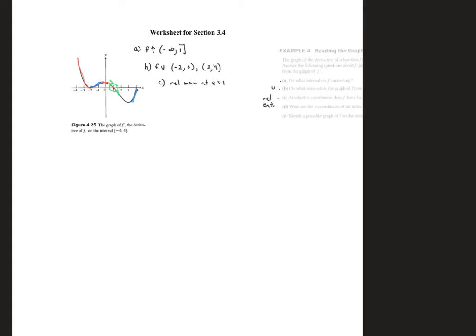Part D says, at what are the x-coordinates of all the inflection points of the graph of f. So here we're looking for what we'll call POIs, points of inflection. So we'll see an inflection point when the second derivative of f changes sign, and that's going to be where the graph of f changes from increasing to decreasing or decreasing to increasing.